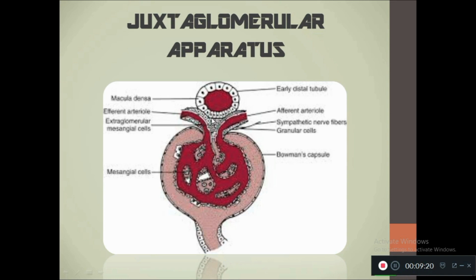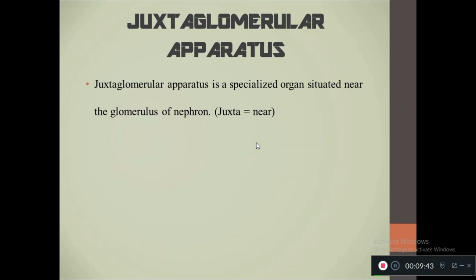So this part is called the juxtaglomerular apparatus. You might have studied Bowman's capsule, and this is the juxtaglomerular apparatus which is present near the nephron.